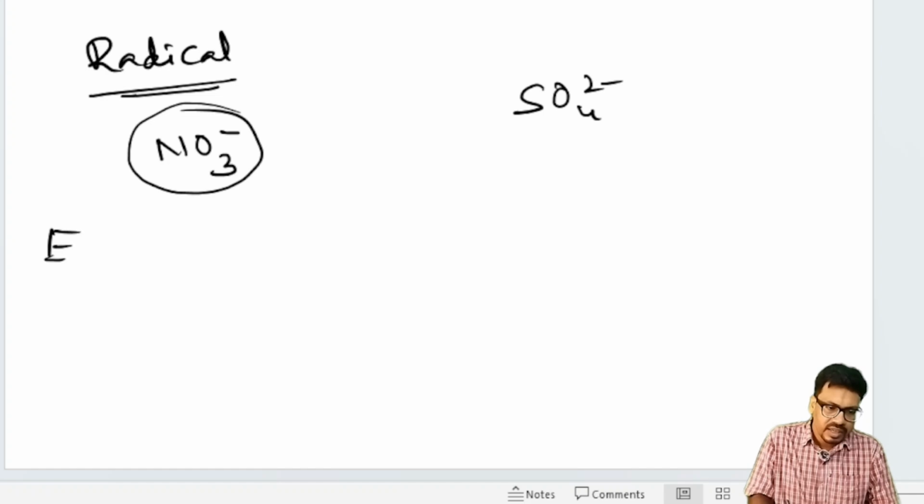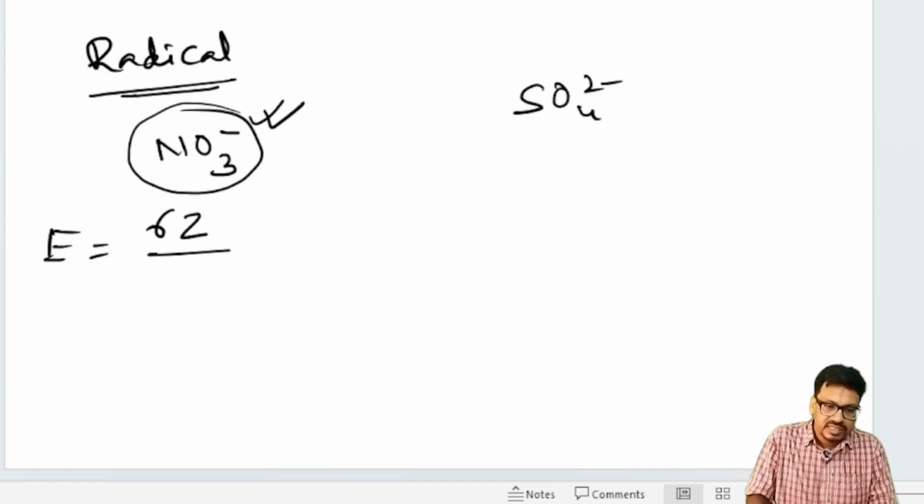Here the equivalent weight of nitrate is the mass of the radical, that means the molecular mass. So nitrogen is 14 and there are 3 oxygens, that means 48. So the mass is 62.